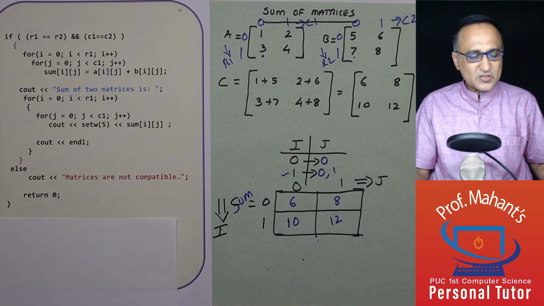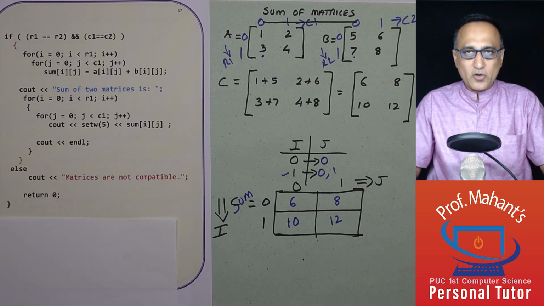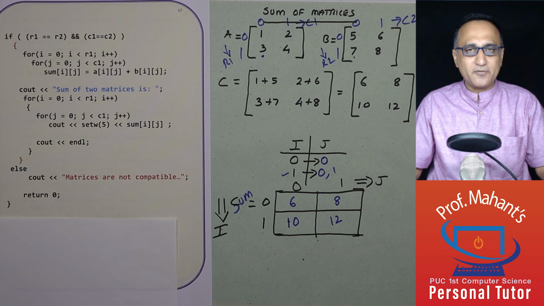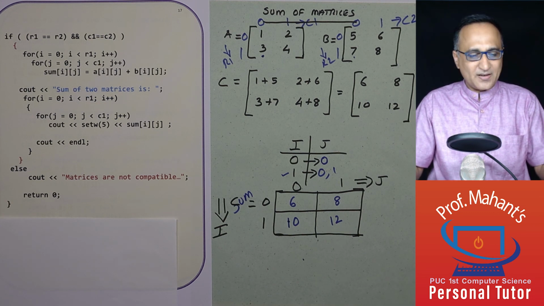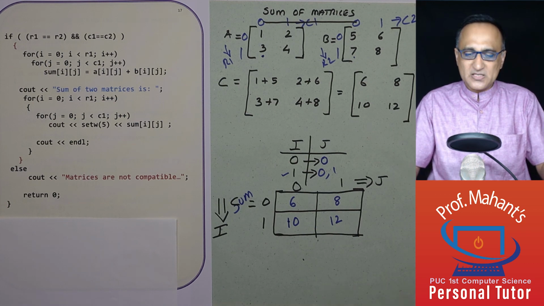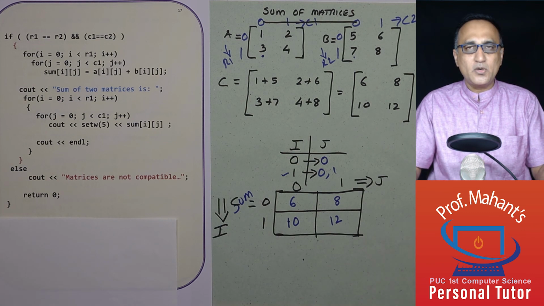If the sizes were incorrect, it would say matrices are incompatible and halt at that point. So I hope you understood how to find the sum of two matrices using an array in C++. A really simple program. Please do not make any attempts to mug up. Just understand the logic. You will remember it very well and you'll be able to solve it in your practical exam.